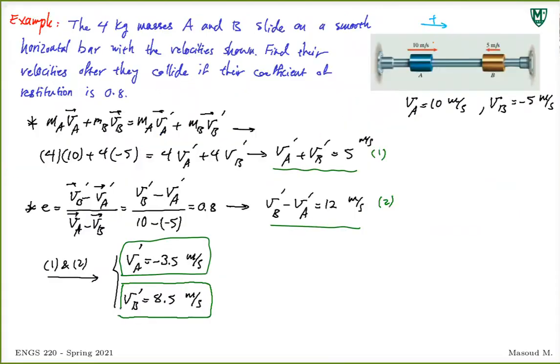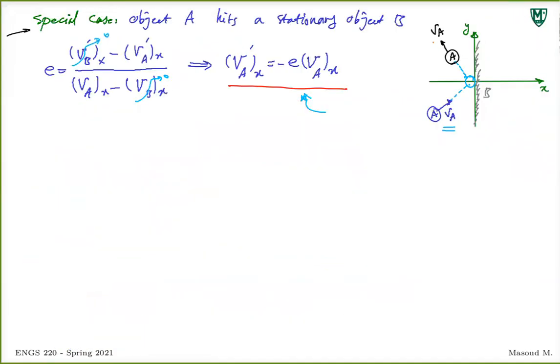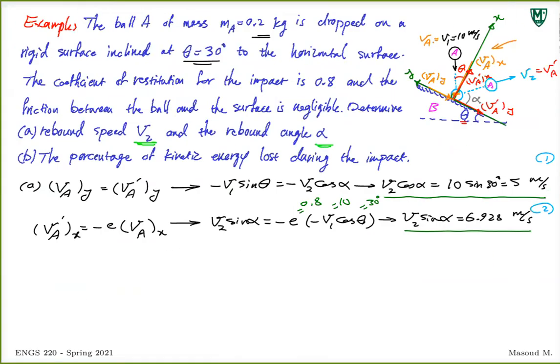Same story for oblique impact, right? For this example, pay attention that VA is in positive X and positive Y. So if you have a case that VA or velocity before the impact is not in positive direction, or both components of that are not in positive direction, you have to take into account that sign.